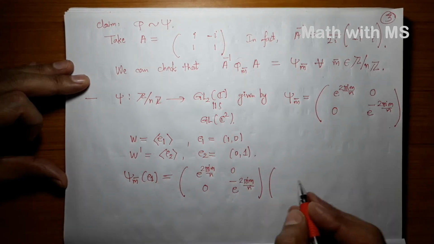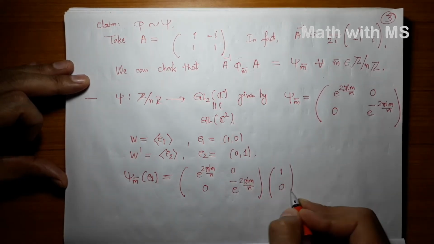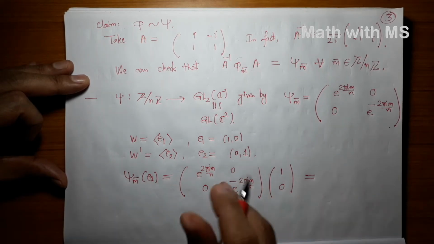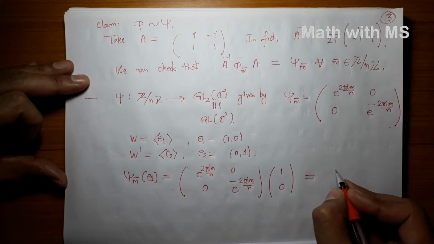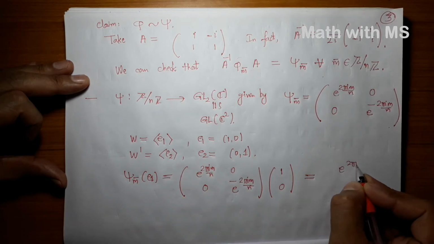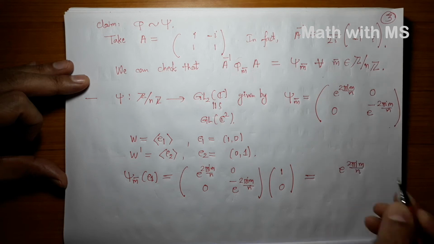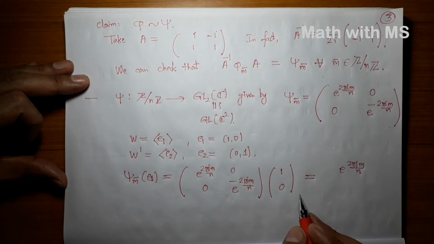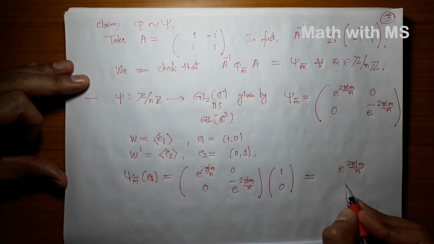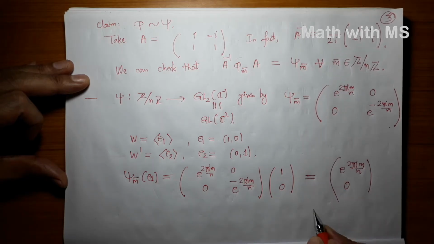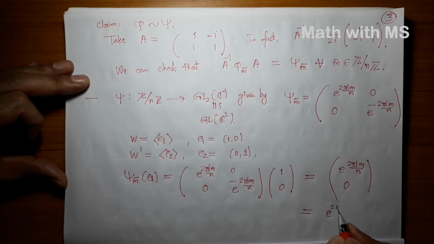If you view E1 as the column vector (1, 0), this simply gives the first row first column, which is e to the power 2 pi i m by n, and the second row first column is simply 0, which you can write as e to the power 2 pi i m by n times E1.